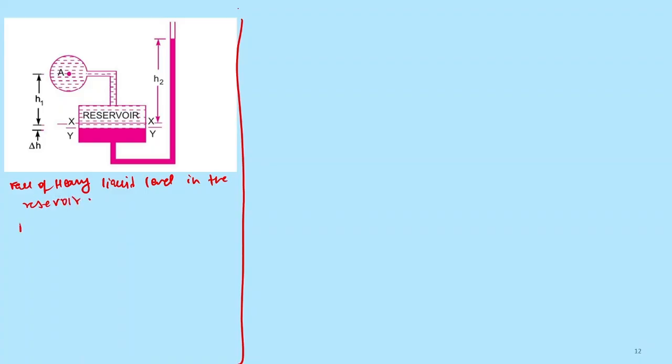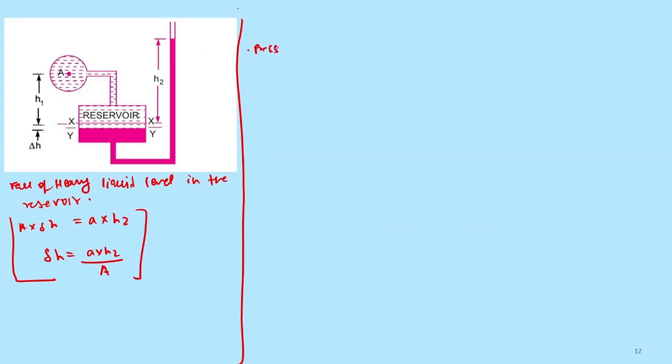So we can write area into delta H equal to small a into H2. So we will get delta H equal to small a into H2 upon capital A. This is important for this derivation.